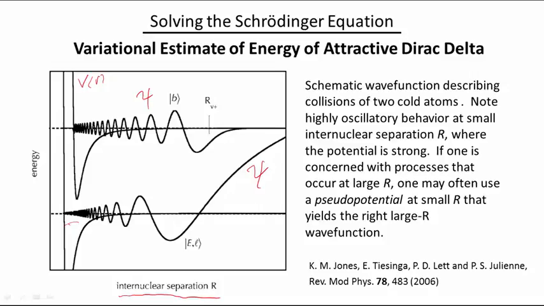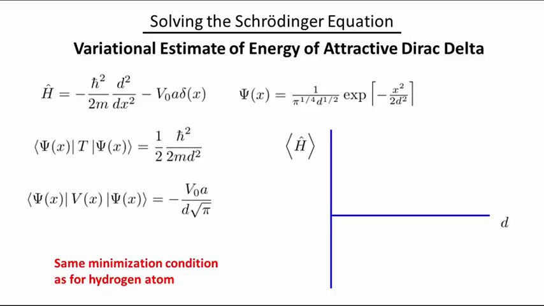But the application that's important in the discussion of this paper is the behavior of the wave function at large distances from the atom. The details of what happens in this inner region are only important insofar as they affect the long-range behavior of the wave function out here. That behavior can be built in by the use of a delta function in an internal region that just sets the scale for the evolution of the wave function further out.